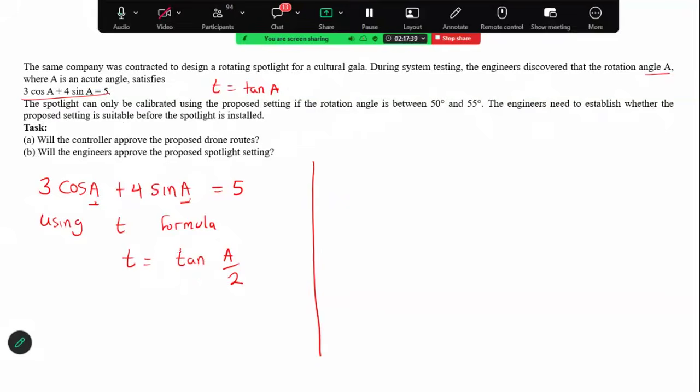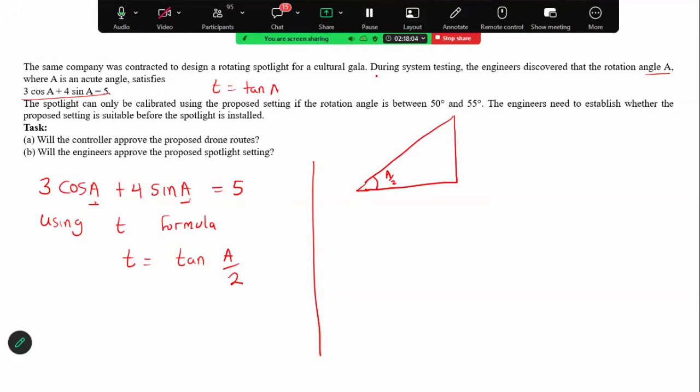Now, after knowing this, don't cram that I must use this. You go back. I want you always to know the basics. So I'll go back and say, now, what do I have? That this is what I have. That maybe, in case this is my tan, this is my A out of 2.